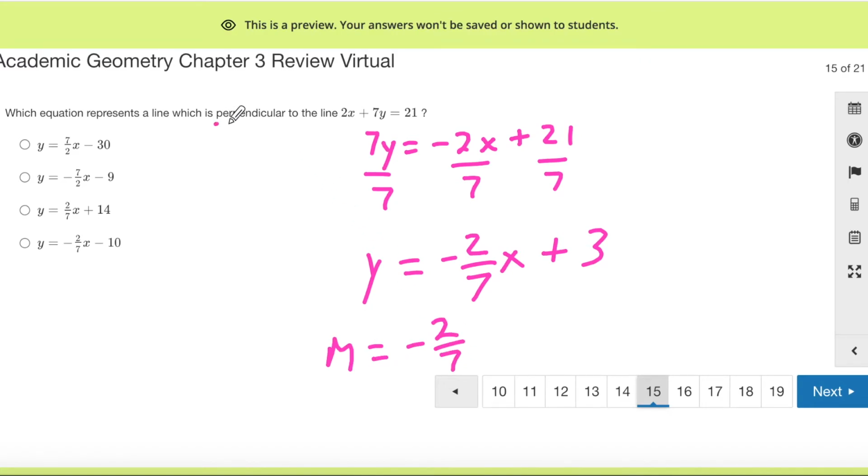But this problem is asking for perpendicular. So my perpendicular slope is going to be the negative reciprocal. So I have to take that negative 2/7, turn it upside down, make it 7/2, change the negative to a positive. So I have to come in here and just look for a slope of 7/2. Coincidentally, it's the top one as well. Okay.